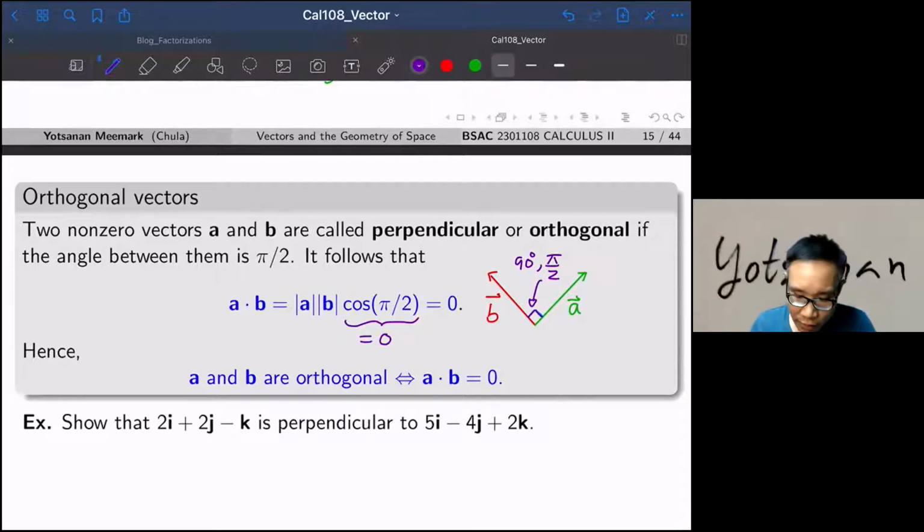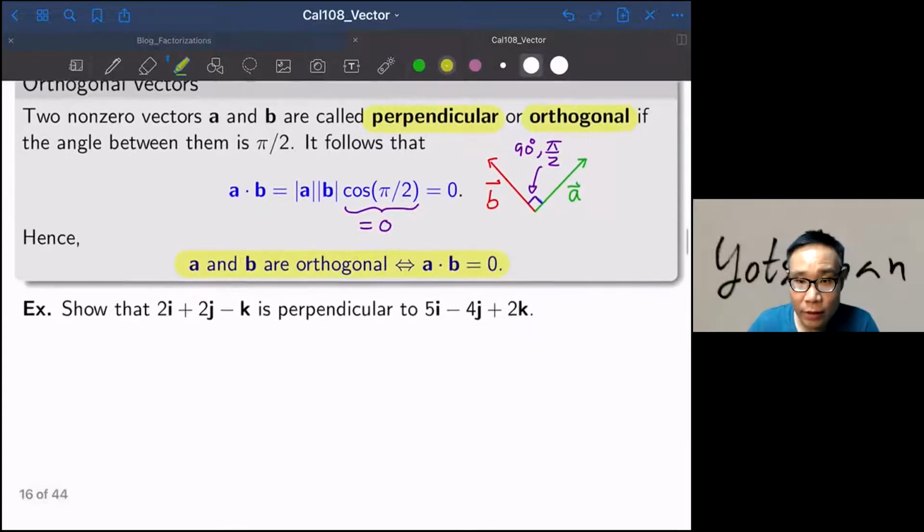So we can conclude that if A and B are orthogonal or perpendicular, the criterion is that A dot B must be equal to 0, and you can use this to show that two vectors are perpendicular.